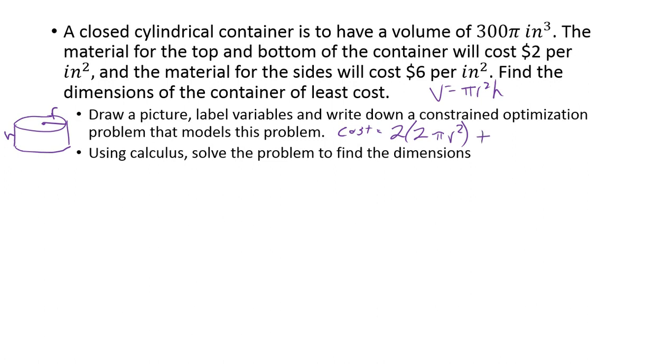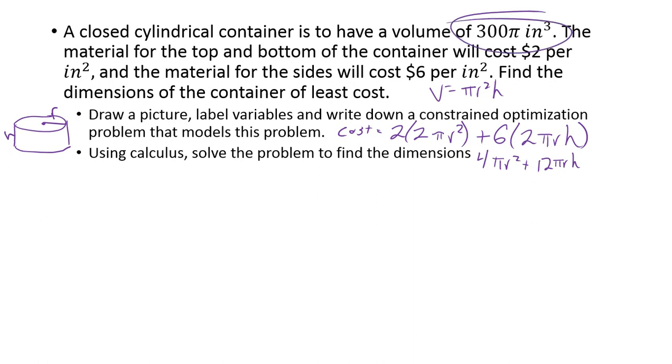Then we're going to add $6 for the lateral area, which is the circumference of the circle tops multiplied by the height. Okay, and so there's our cost. So again, when we simplify, it would be 4 pi r squared plus 12 pi r h.